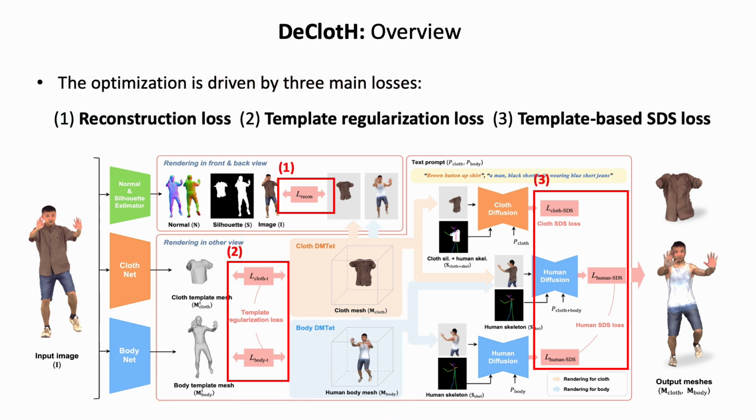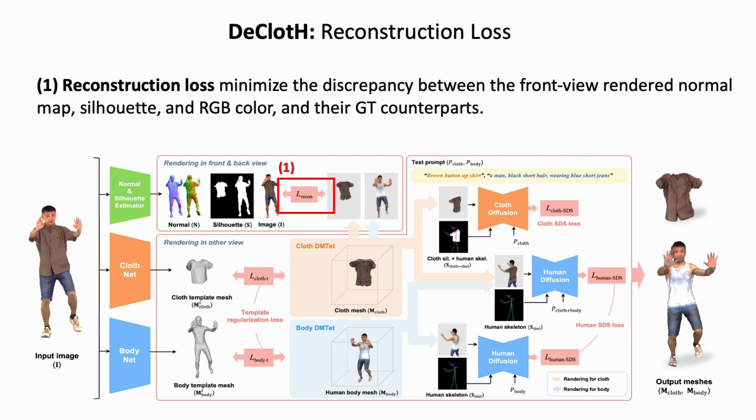Based on the pipeline, our template-based optimization is driven by three main losses. Let me explain the details of these loss functions. First, the reconstruction loss minimizes the discrepancy between the front view rendered normal map, silhouette, and RGB colors and their ground truth counterparts.